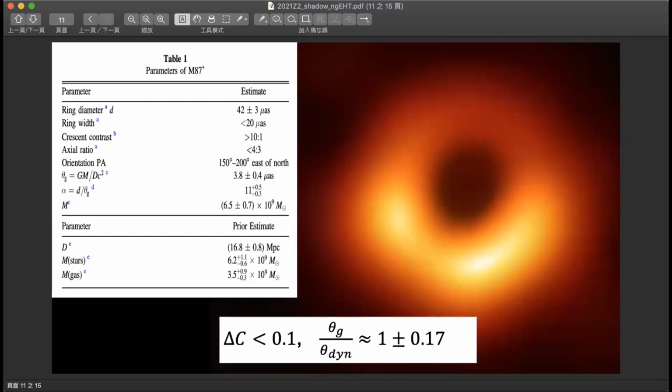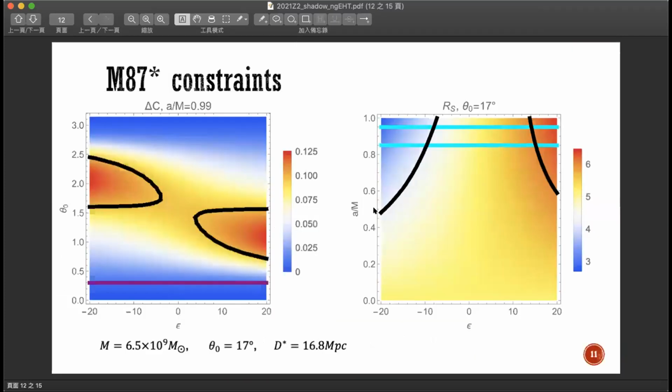Okay, so let's see what the image of M87 star would tell us about the constraints on this model. According to the image, we know that the non-circularity is very small. The delta C is smaller than 0.1. And the apparent size, the angular diameter, is consistent with the Kerr result within 17%. Okay, so can we use these constraints to test our theory?